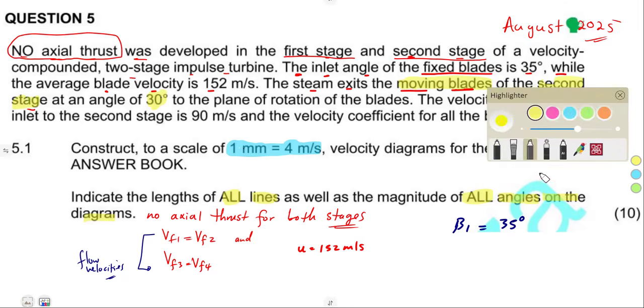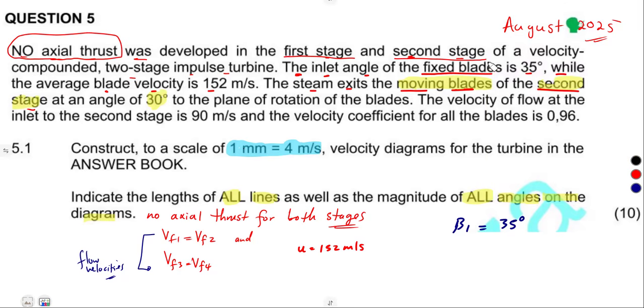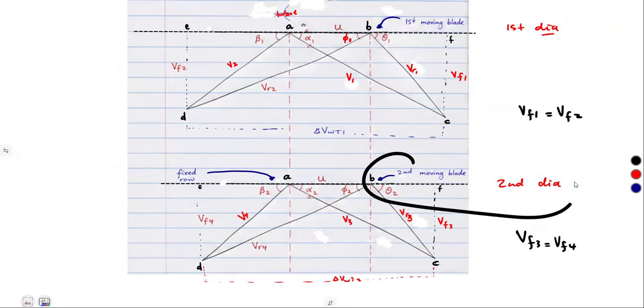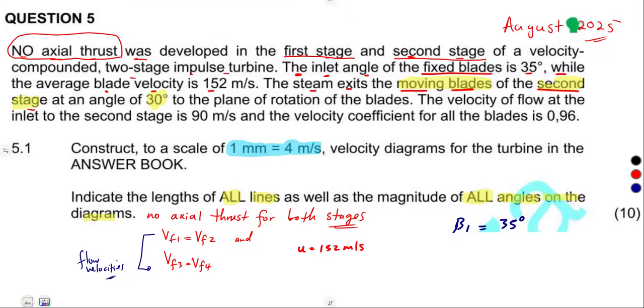So if we consider the moving blades of the second stage, the second diagram, this is the second moving blade, so the blade exit is going to be the angle phi 2, the exit of the moving blades. That's our 30 degrees to the plane of rotation.